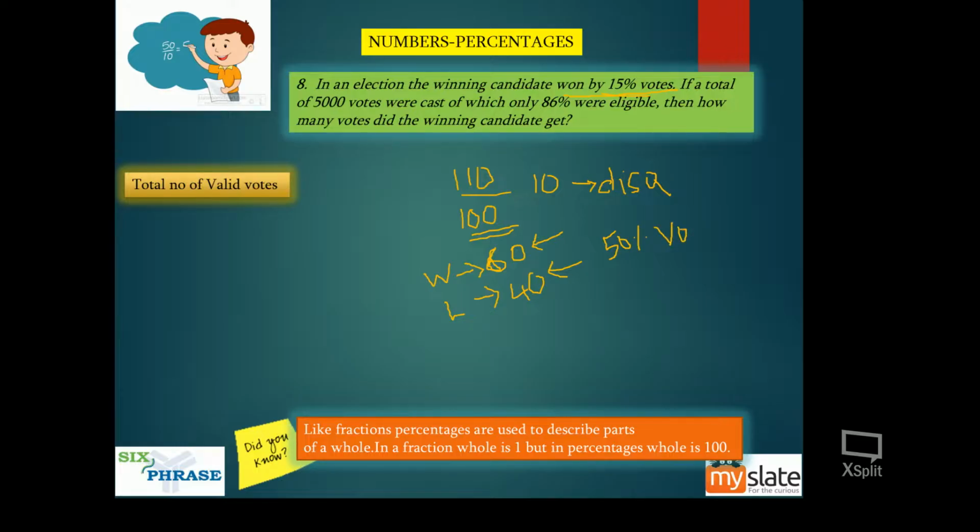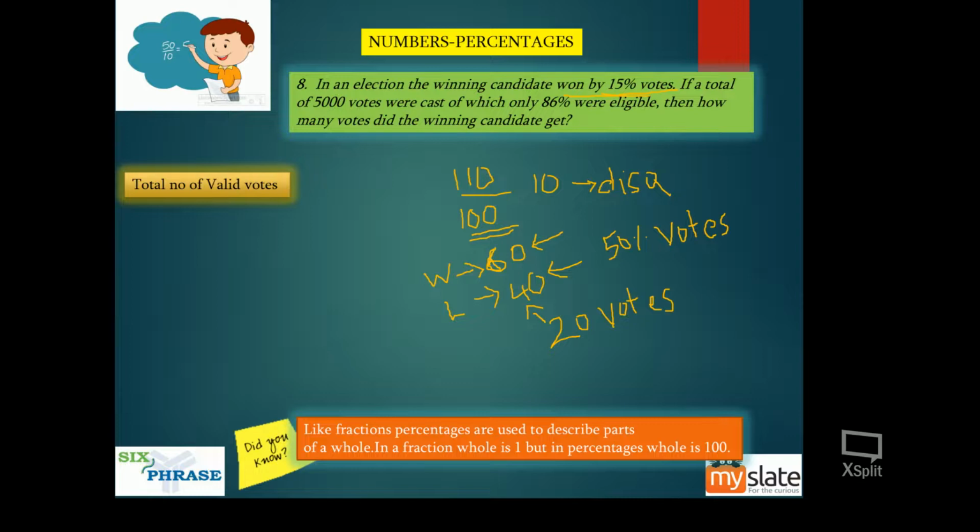The reason is he won by 50 percentage votes because the winner won by how many votes, guys? The winner won by 20 votes. Now you have to look at this: 20 votes is what percentage of 40?